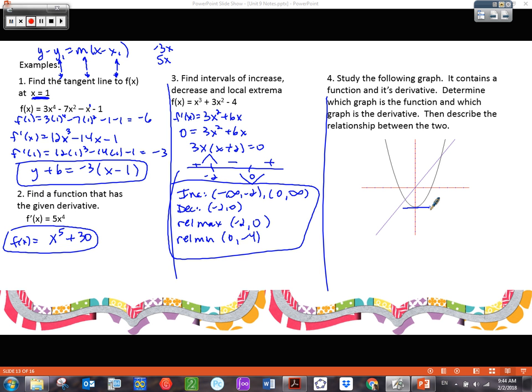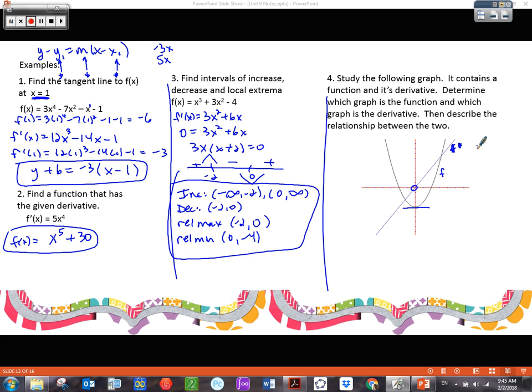The slope of the tangent is the y value of the derivative at that point. They are equivalent. The slope of this tangent line is 0, therefore the y value of the derivative needs to be 0. Well, looky here. What's the y value of the derivative there? 0. That's an indication that we are correct: this would be the function and this would be the derivative, f prime.